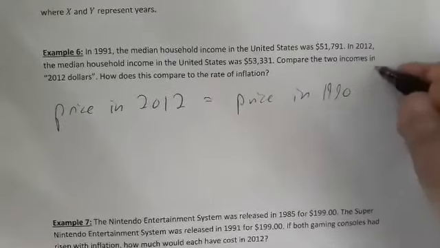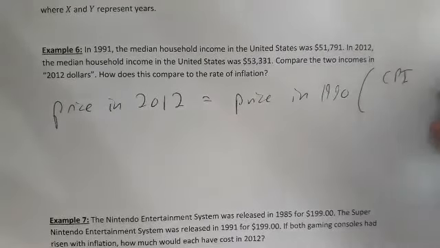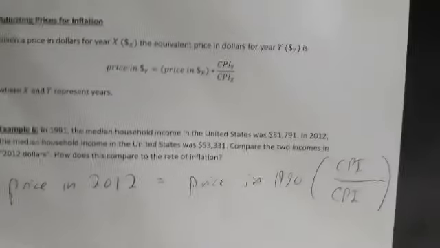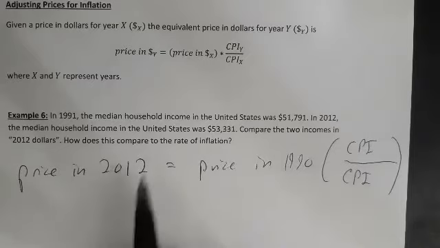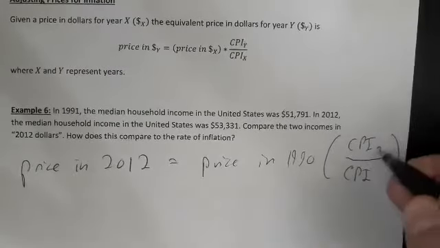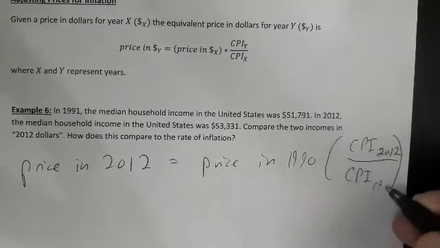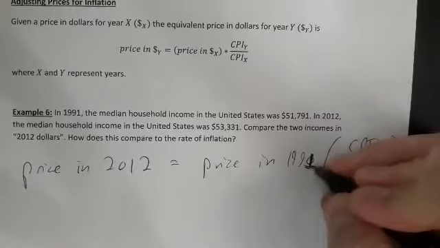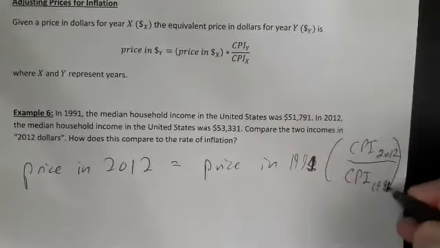So if this is the price in Y, this is the price in X, then our Y up here has to be 2012, and our CPI down here has to be 1990. 1991, sorry. 1991 was the year I picked.